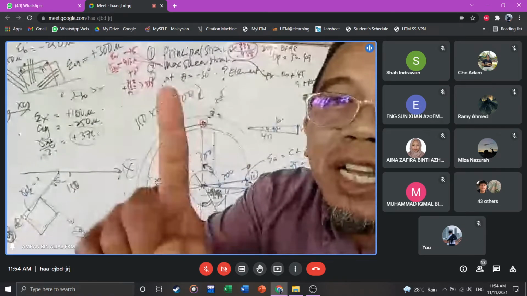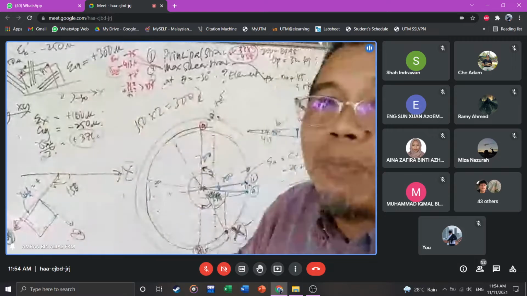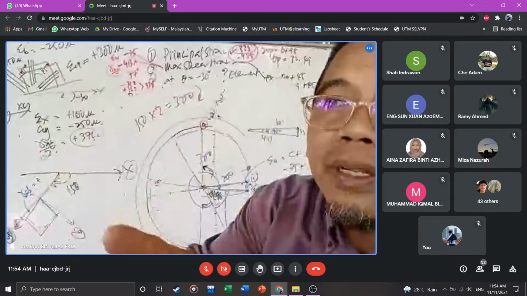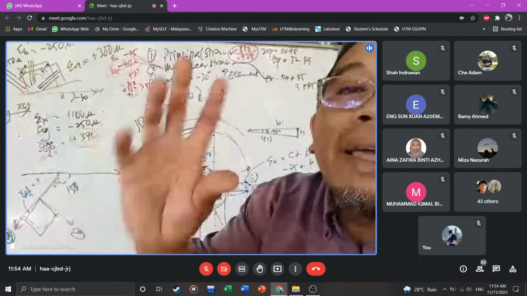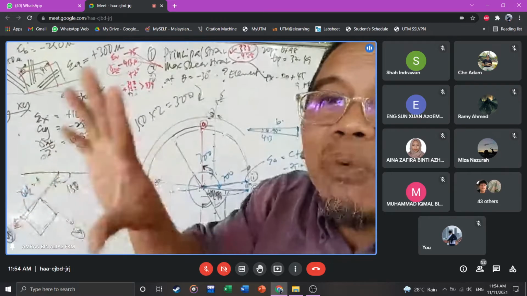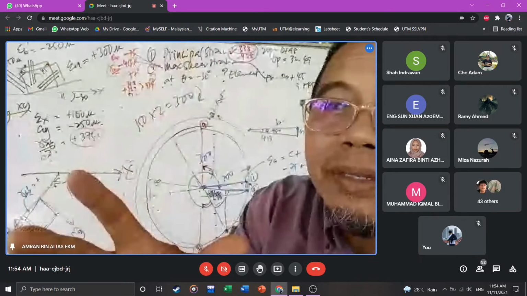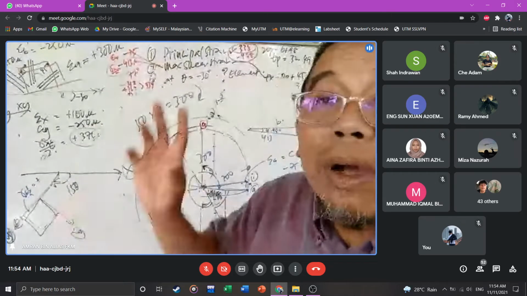You are not an engineer. You are a Form 5 student, punching calculator. All the process must be shown. That is the engineer. Why do you have to show that one? We can double check our error. If there is an error, we can always double check. That's the purpose. You do the diagram. You do the working in front of you.